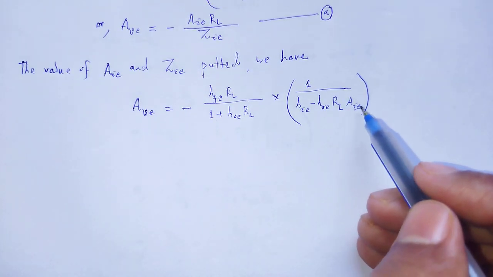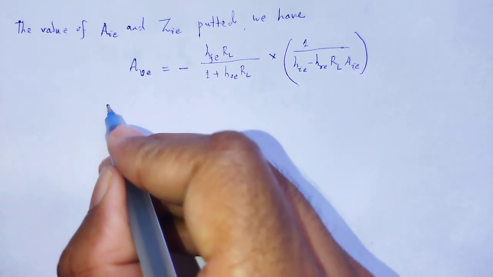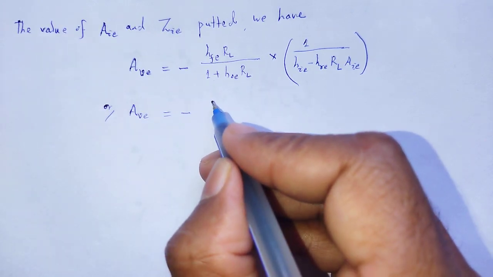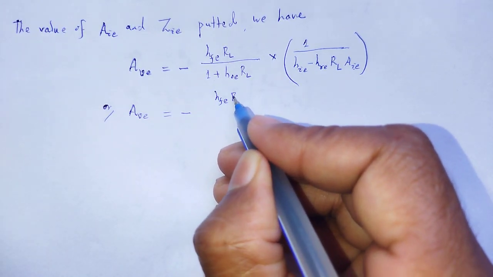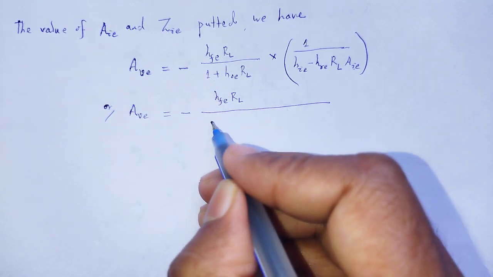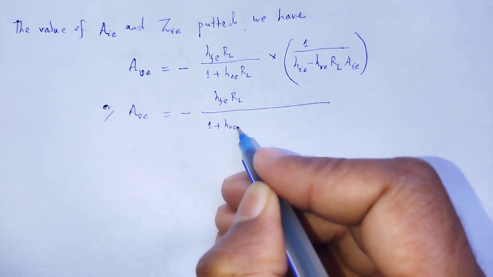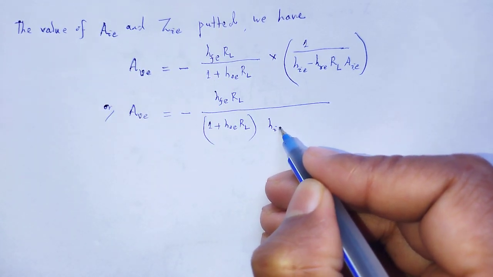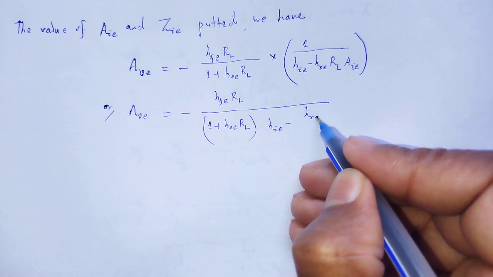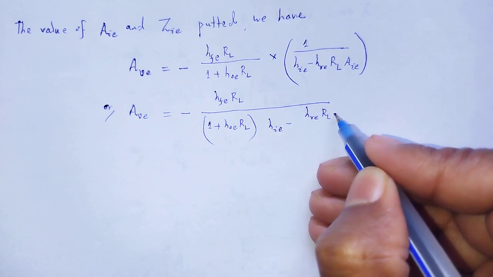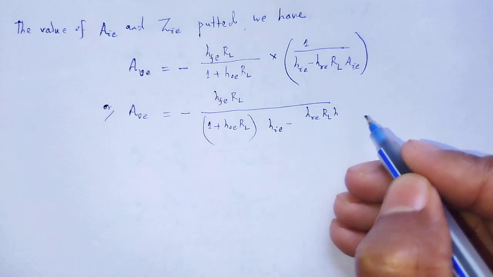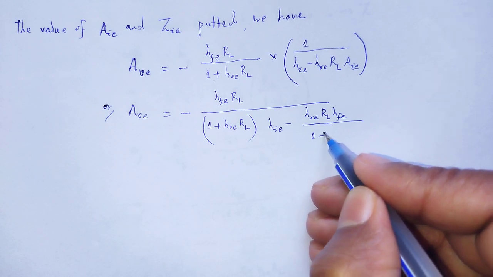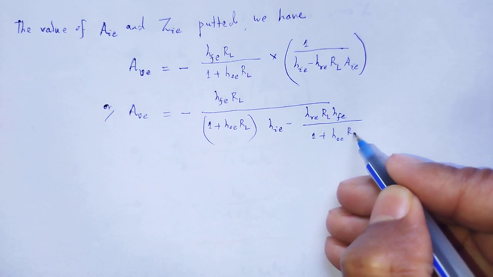Again putting the value of AIE here, we obtain AVE is equal to minus HFE RL whole divided by 1 plus HOE RL whole, into HIE minus HRE RL times HFE divided by 1 plus HOE RL.